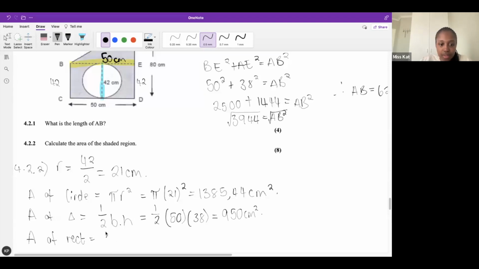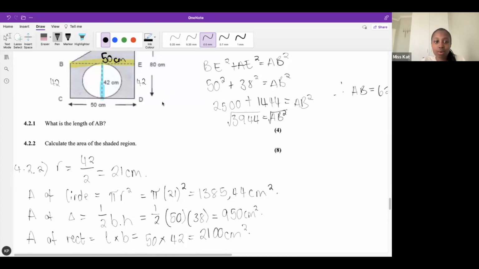Thank you. Length times breadth. What's the length of my rectangle? 50. Thank you very much. Times what? 42. And that gives us 2,100 centimeters squared.